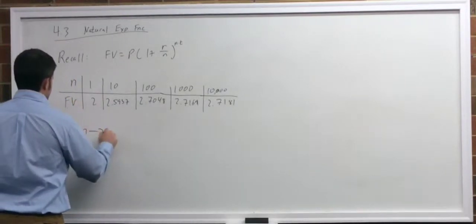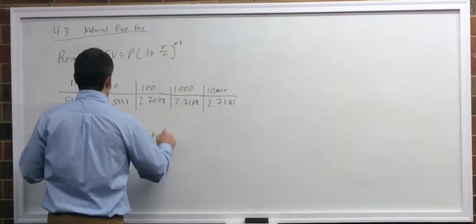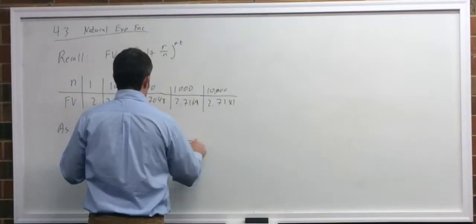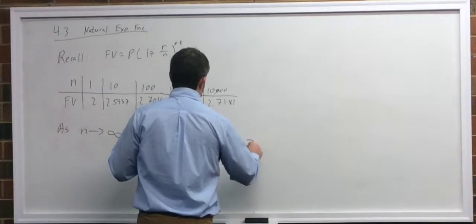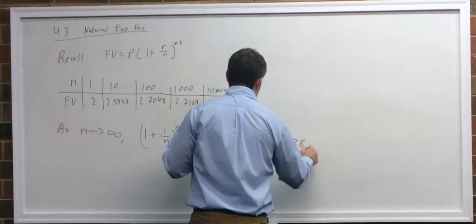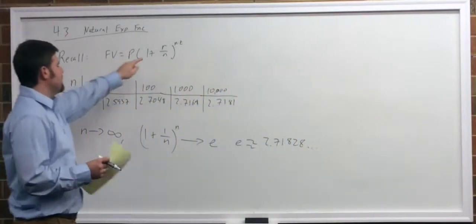What we want to recognize is as n approaches infinity, the part of our compound interest formula approaches e, where e approximately equals 2.71828, and it continues to go on and on. So that's what's interesting here.